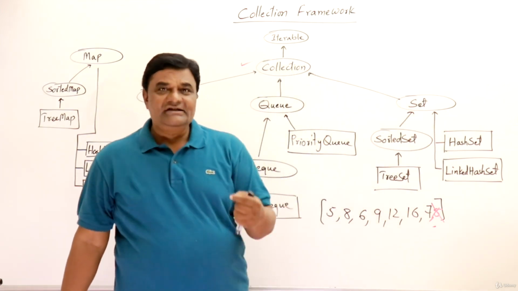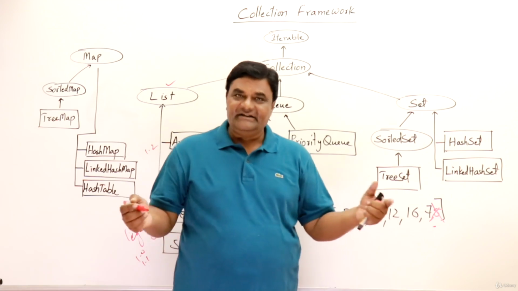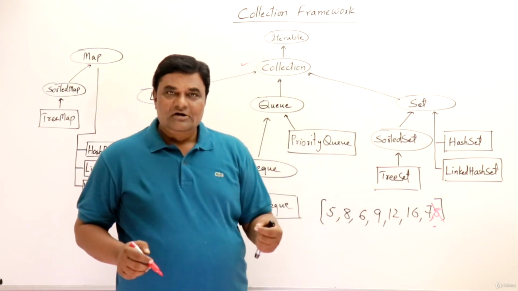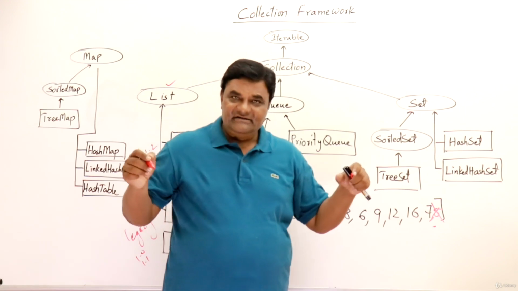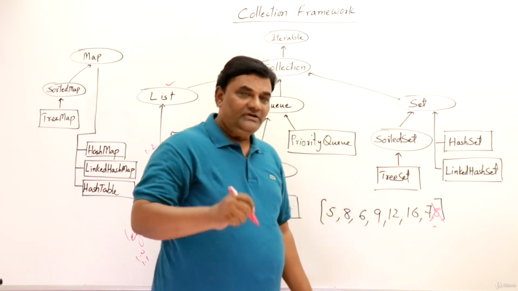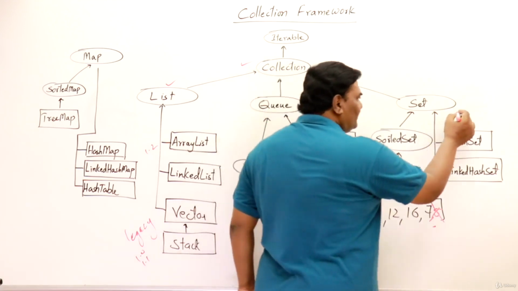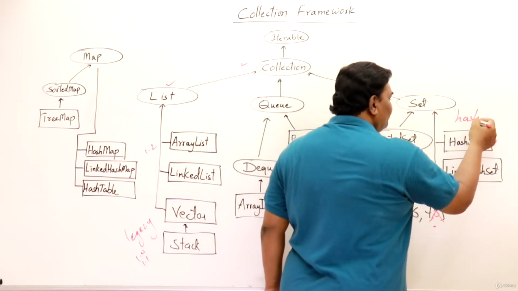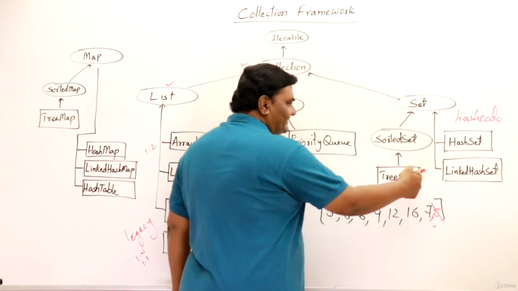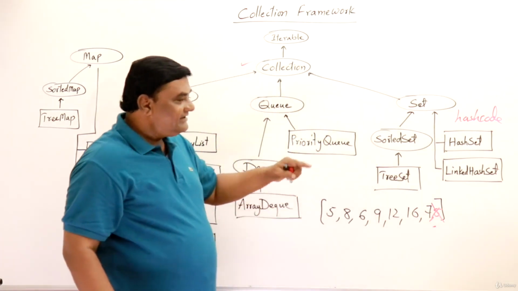Hashing is one of the data structure techniques. Objects are inserted in the data structure based on their key or hash code. So Java uses hash code for storing elements in these classes, hash set and linked hash set.